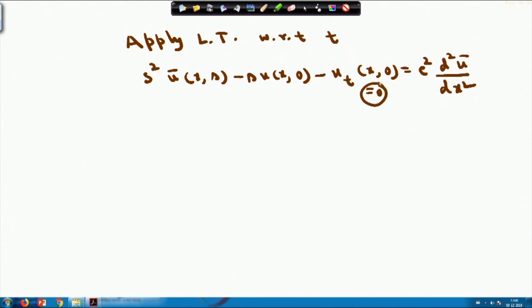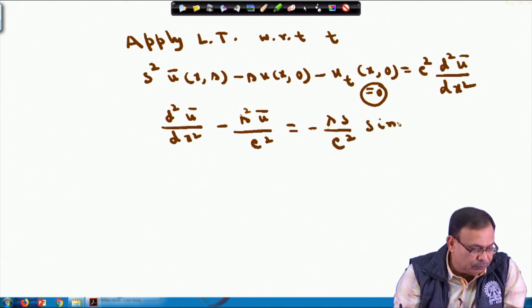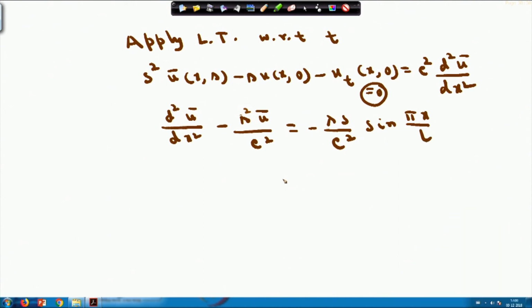If you substitute these values, you will obtain d²ū/dx² minus (s²/c²) ū equals (lambda s/c²) into sin(pi x by L).